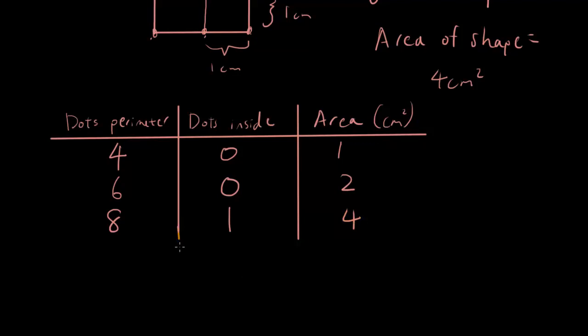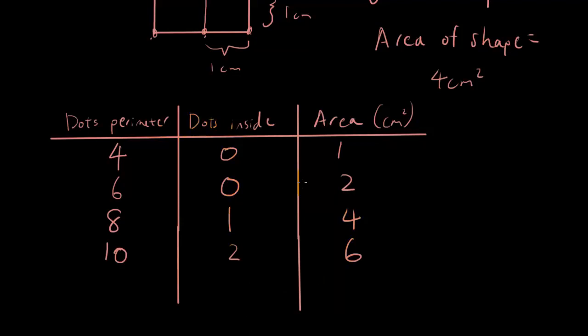Okay, if I keep extending this table, I will get 10, 2, and 6. You can draw that out if you want. Actually, that's probably enough for now.